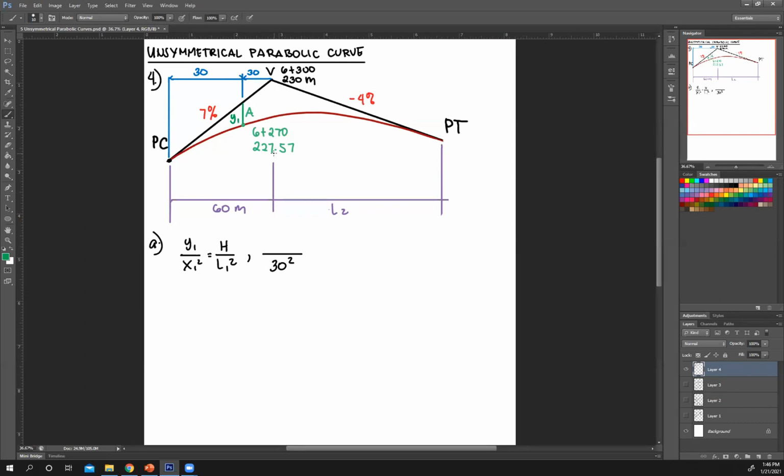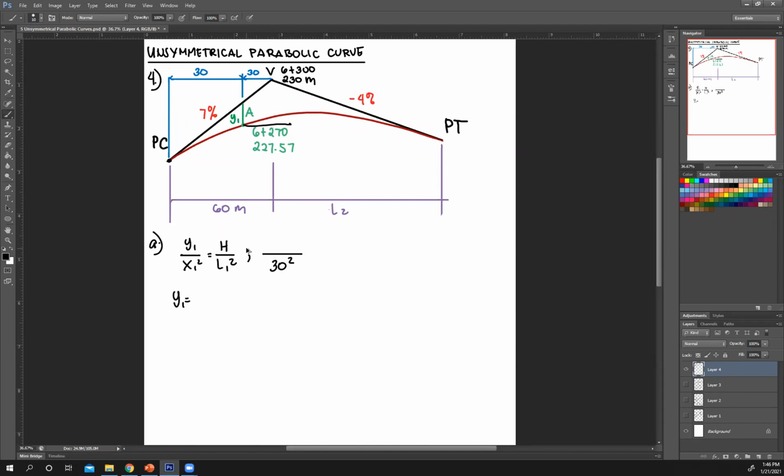So to get y1, look at what's given. I'm given the elevation of this, and I'm also given the elevation of this point, right? If I get the difference of that, I get this length. Then, if I'm able to get the elevation of this point using your grade, I can now solve for y1.